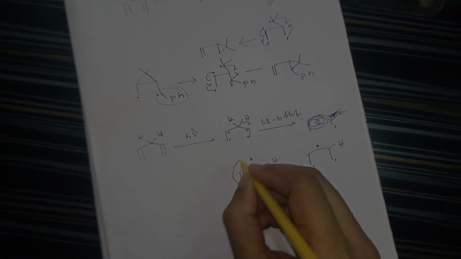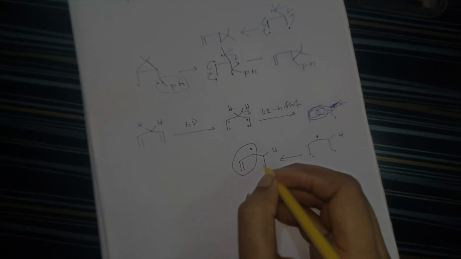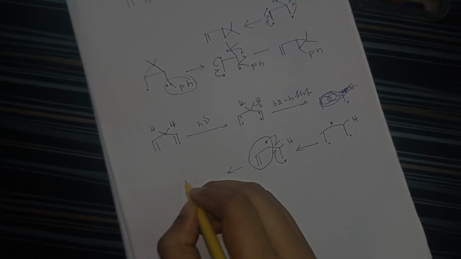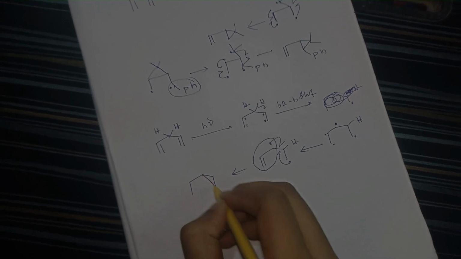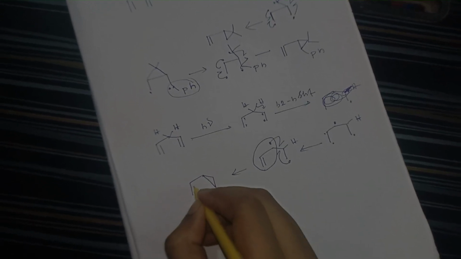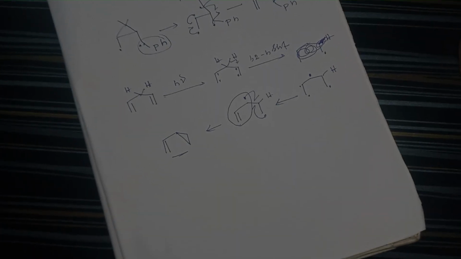Here this is an allylic radical, this is the more stable radical, that's why the 1,2 shift happened. And these two radicals form a bond. This is the product. Let's see an example.